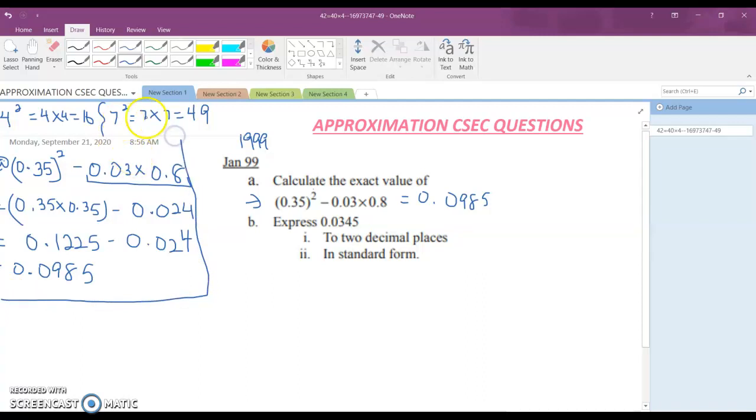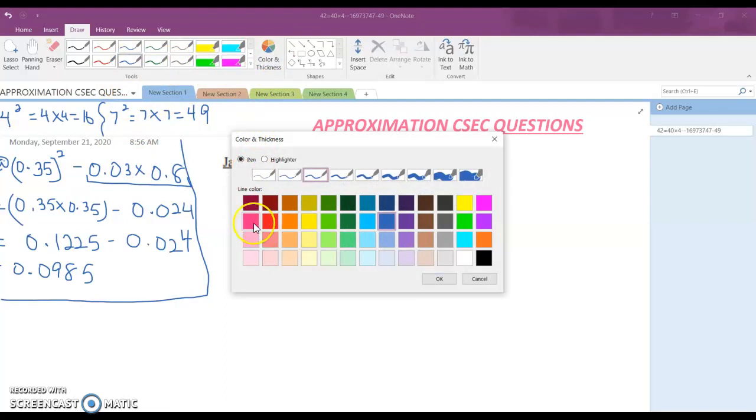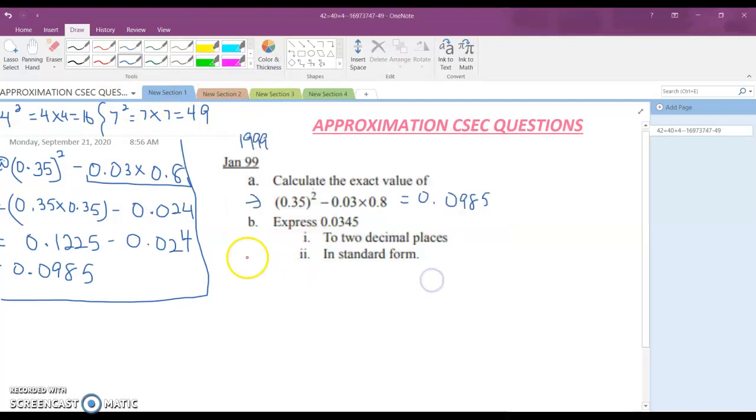Cool. So now let's look at the other part, Part B. You want to express 0.0345 to 2 decimal places first.